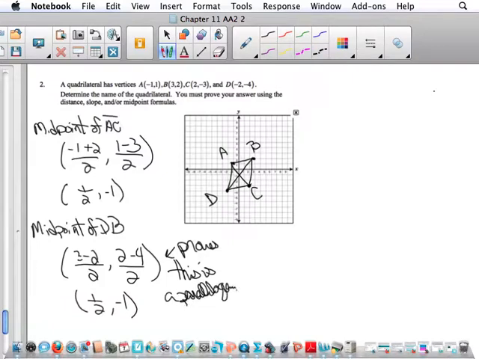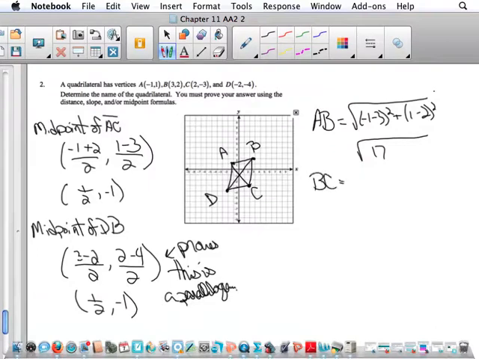Now I want to make sure that it's not a rhombus because it could be a rhombus. So I'm going to take a look at the length of side AB, which would be (-1 minus 3) squared plus (1 minus 2) squared. The square root of negative 4 squared is 16, negative 1 squared is 1, so that's 17. So AB is the square root of 17. I'll take a look at BC. Since I know it's a parallelogram, I only have to take a look at BC.